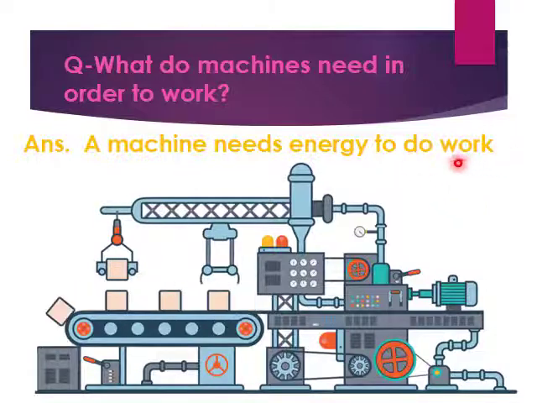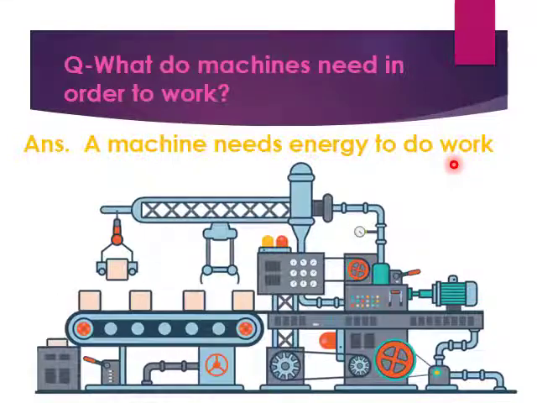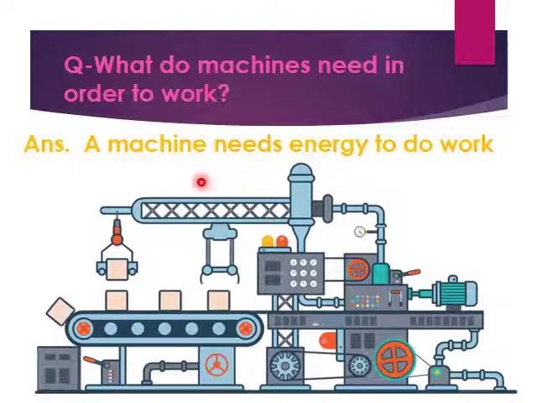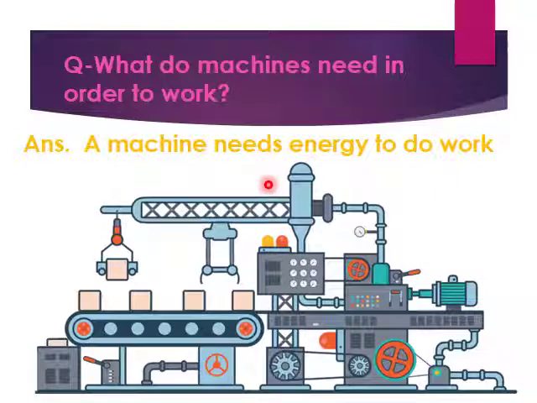They are everywhere, at home, at work, on the road, in the sea and the air. For example, a bicycle, a car, an aeroplane, they are all examples of machines, and all machines need energy to do work. We use many machines at home: a sewing machine, a washing machine, and a clock.